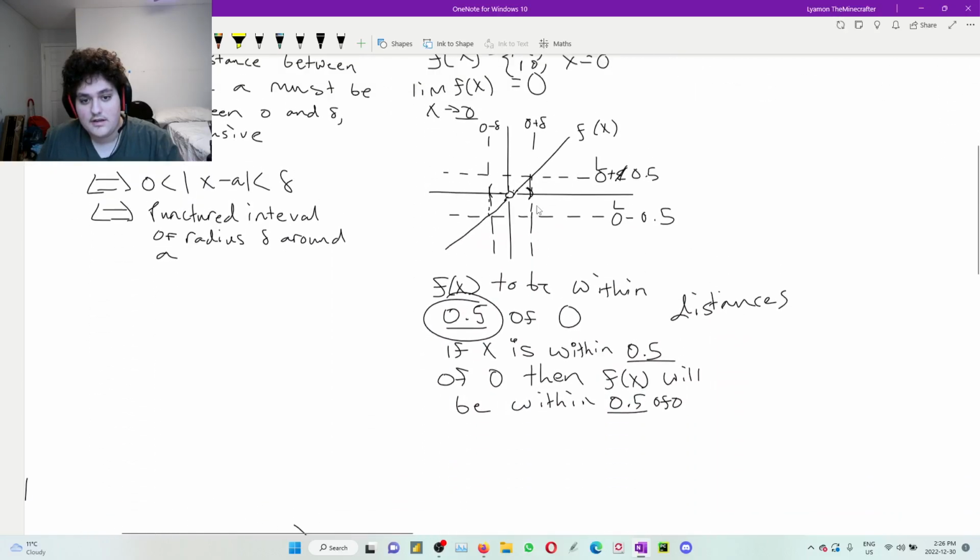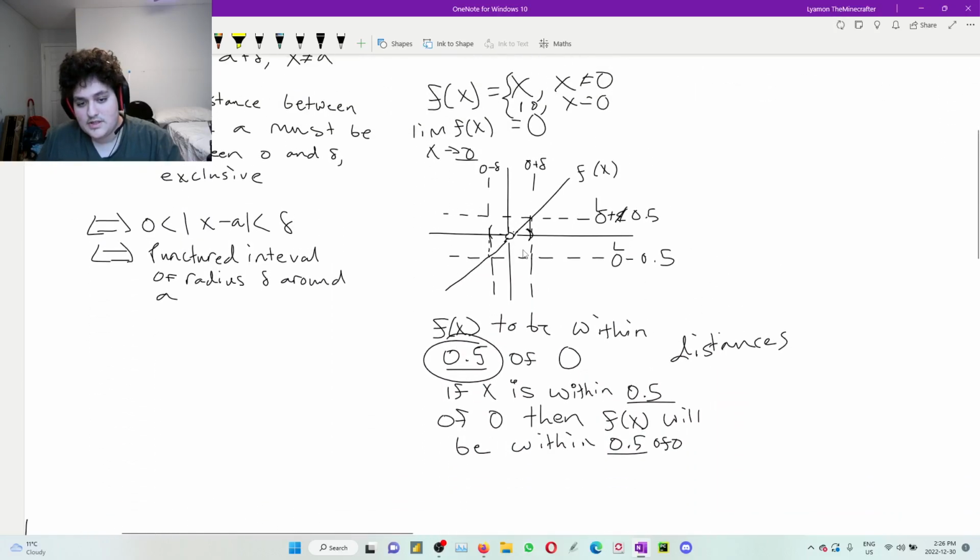It doesn't matter, because we're saying that if x is in here, then we're guaranteeing that f of x is close to whatever we're saying the limit is, which in this case we have equal to 0. And you can clearly see that if x is within 0.5 of 0, then f of x will be within 0.5 of 0 as well, right?